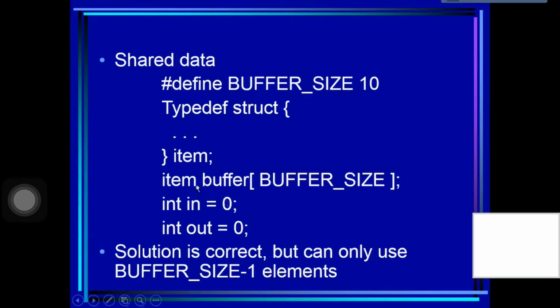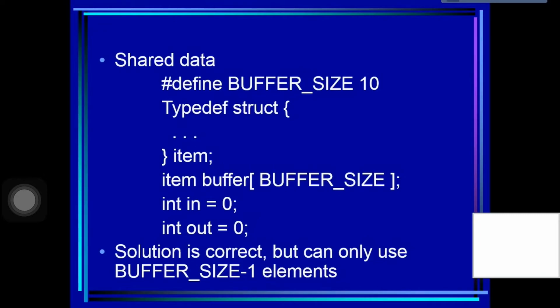The variable in points to the next free position in the buffer for the producer to put an item, and out points to the first full position in the buffer for the consumer to use the item.